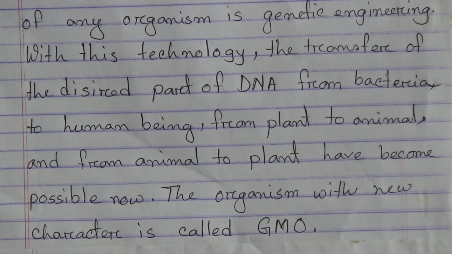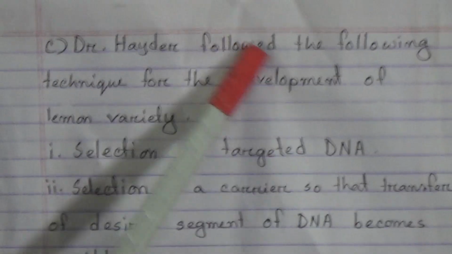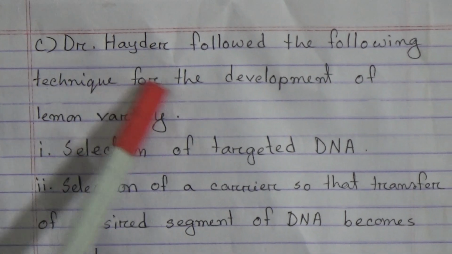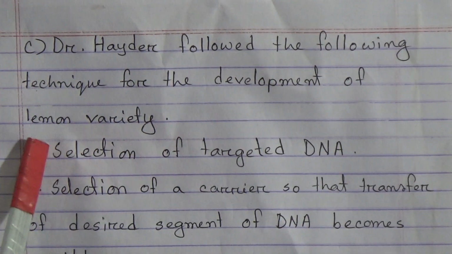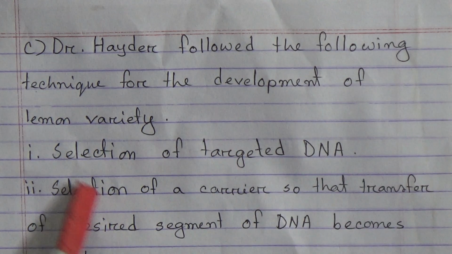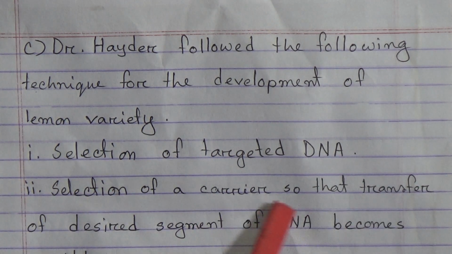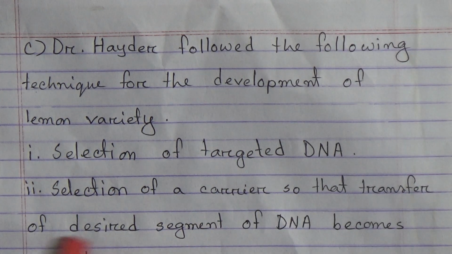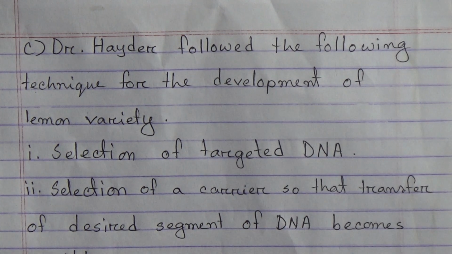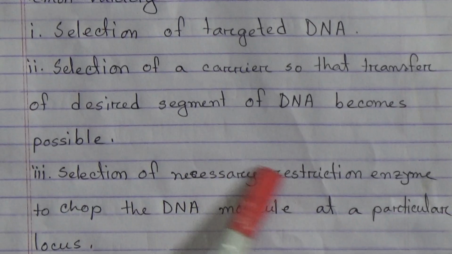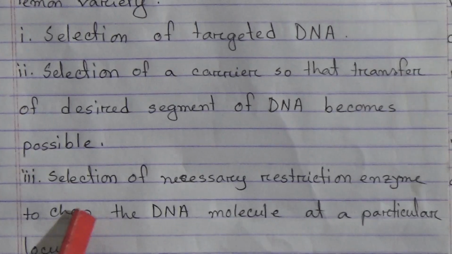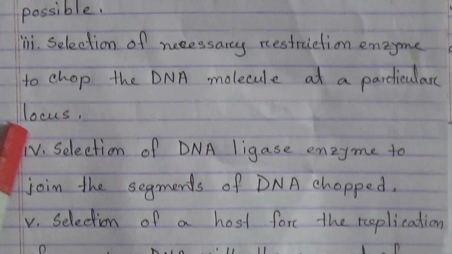Now come to the answer to C. Dr. Haidar followed the following technique for the development of the lemon variety. First, selection of targeted DNA. Second, selection of carriers so that transfer of the desired segment of DNA becomes possible. Third, selection of the necessary restriction enzyme to chop the DNA molecule at the particular locus.